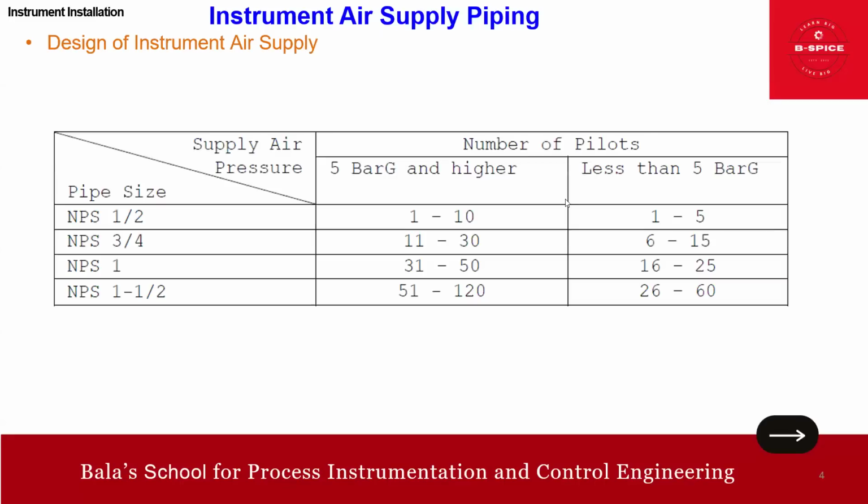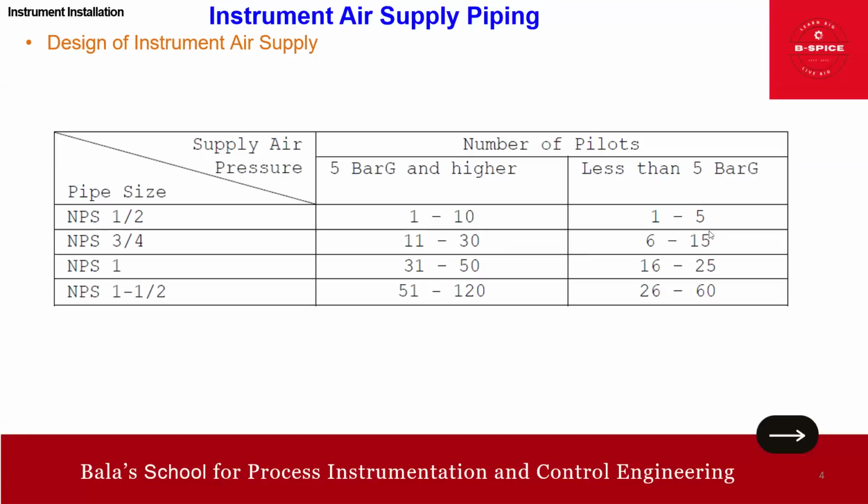See, there is some criteria which we need to adopt. Maybe you can take this as a reference, friends. See, air supply pressure and pipeline size. If it is a 1/2 inch pipe size and the pressure is 5 bar and higher, you can have 1 to 10 tap offs, that is pilots.